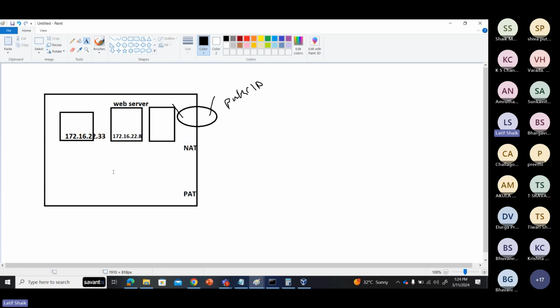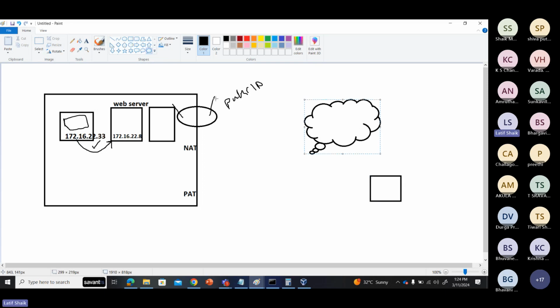So this is my web server IP. From here to here, without internet, I can communicate. I can open a web page from here. That is good, easy.